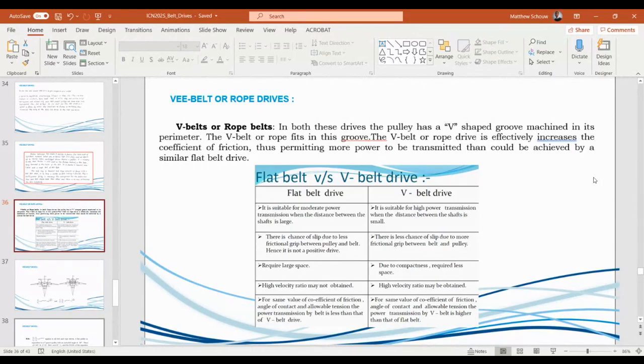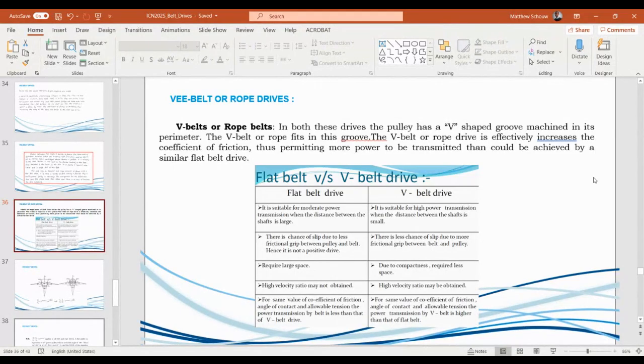V-belt, less, but a high velocity ratio between the drive and the driven. So that is highest for the V-belt, it's less for the flat. And basically for the same value of the coefficient of friction, the angle of contact and the allowed tension, the power transmission of the flat belt is less. So a V-belt can transmit more power relative to the coefficient of friction, angle of contact, and the level of tension.